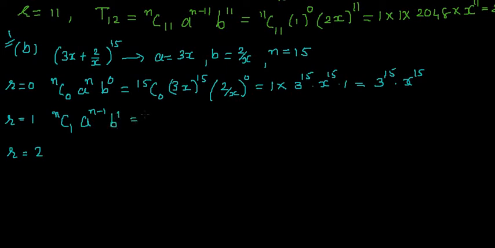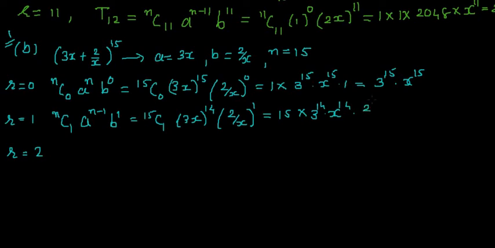So keep the value of n as 15: 15C1, a for our case is 3x raised to 15 minus 1, that is 14, times 2 by x raised to r, which is 1. 15C1 is 15 into 3 raised to 14 into x raised to 14 into 2 raised to 1 upon x raised to 1.